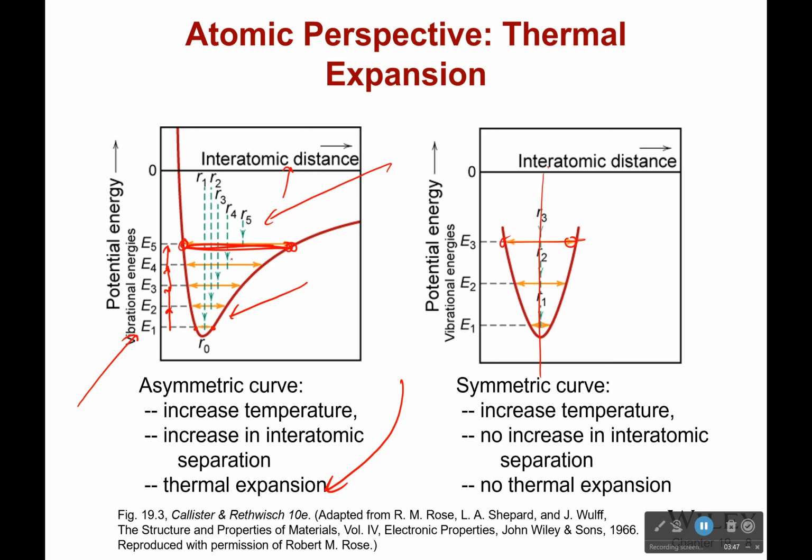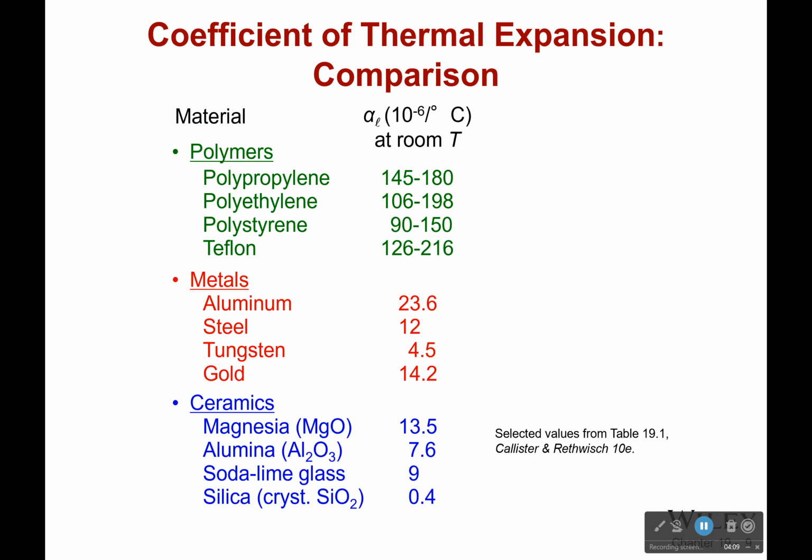It gets further and further up. And so this would not lead to expansion, but this would. Okay. Asymmetric leads to expansion, symmetric does not, and that's not super important for us. We're just going to assume that everything expands. But if you take a quantum physics class, when they start approximating things like this, so you can calculate energy levels, just remember that's approximations.